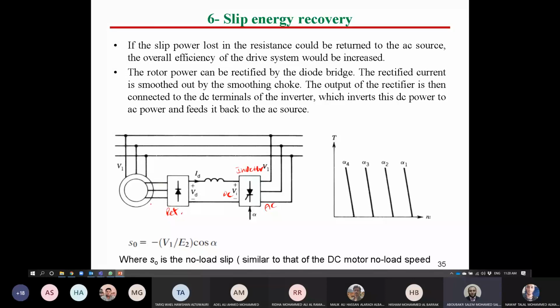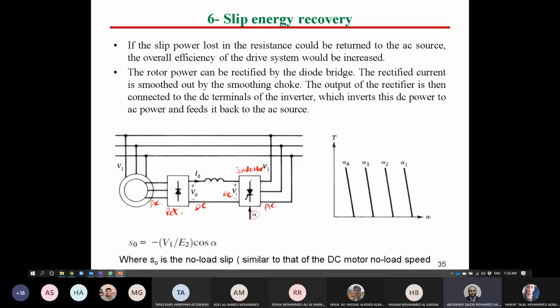It's converting AC to DC. So according to the firing angle of the pulses going to the thyristors in the inverter, we can control the value of resistance seen from this side. As well, it will control the motor speed. So it's similar to adding resistance.